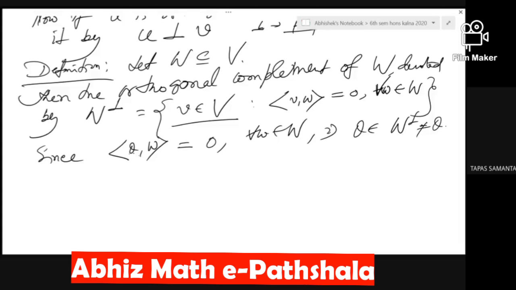But it has more properties than a simple non-empty set. That is, it is a subspace of V. Although W is any set, W may be a subspace or not, but W perp is always a subspace of V.